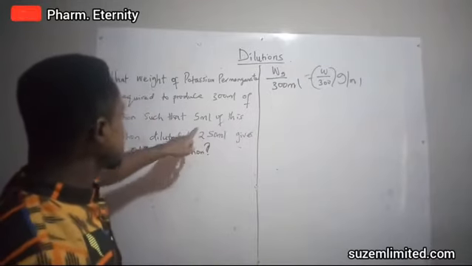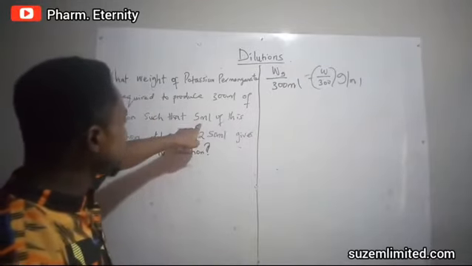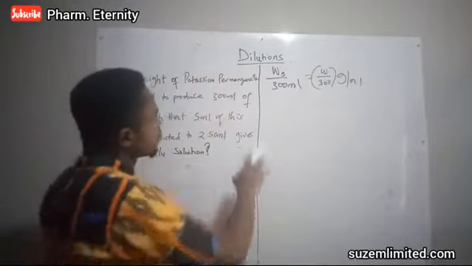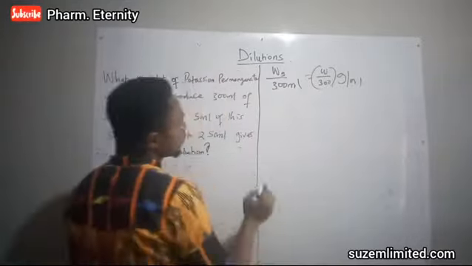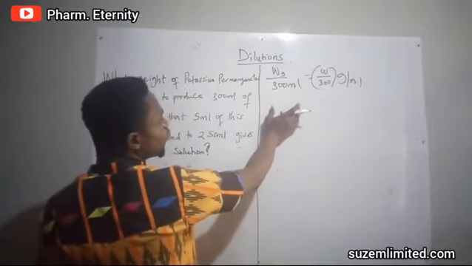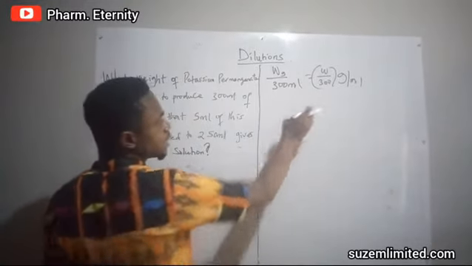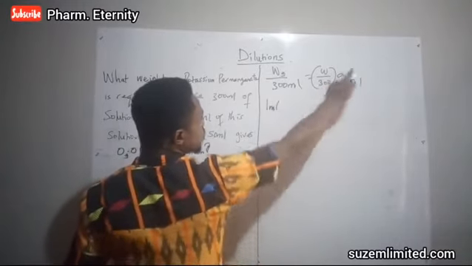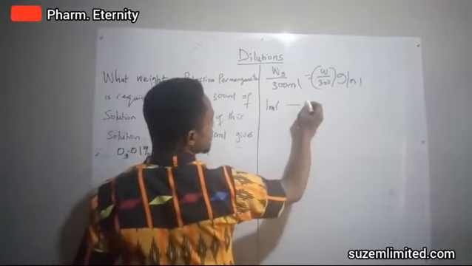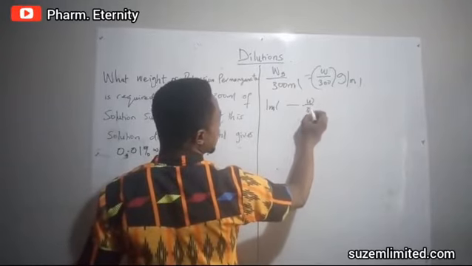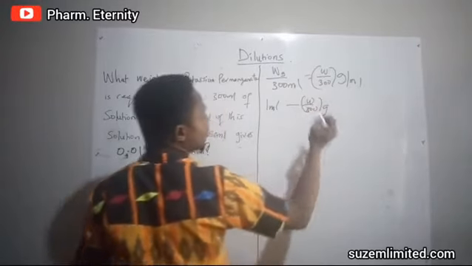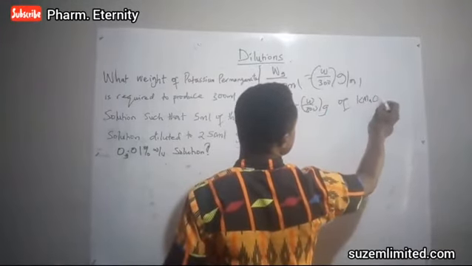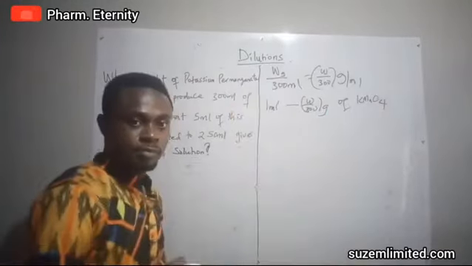Another important thing is, let's look at this 5. 5 ml was taken from this solution. So it implies that 1 ml of this solution contains W over 300 gram of potassium permanganate. That's the implication.